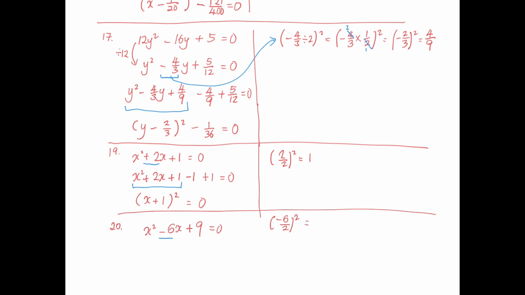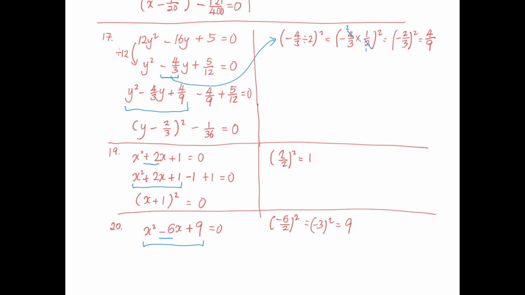So you get minus 3, then you square, you get 9. You're supposed to plus 9 and minus 9. But we already have plus 9 there, so it is straight away a perfect square. You can plus 9 minus 9, then plus 9 again, but no point doing so because this is already a perfect square.